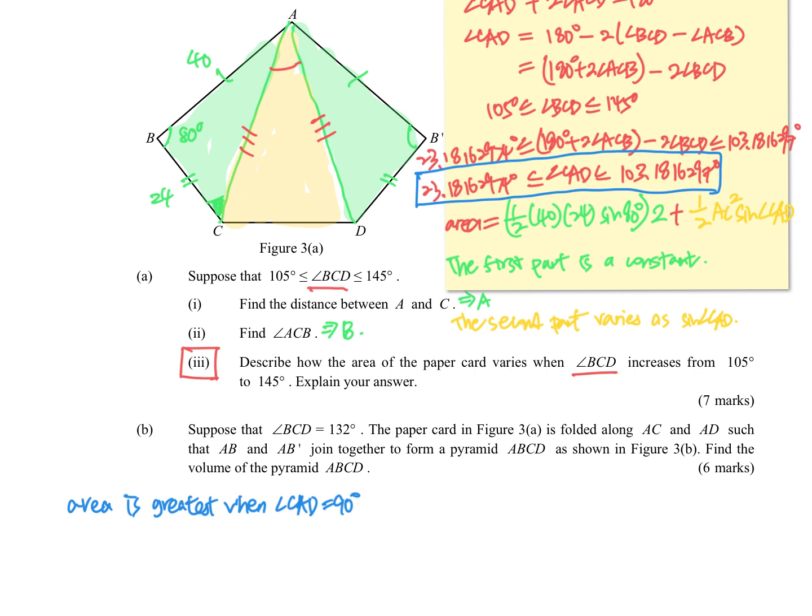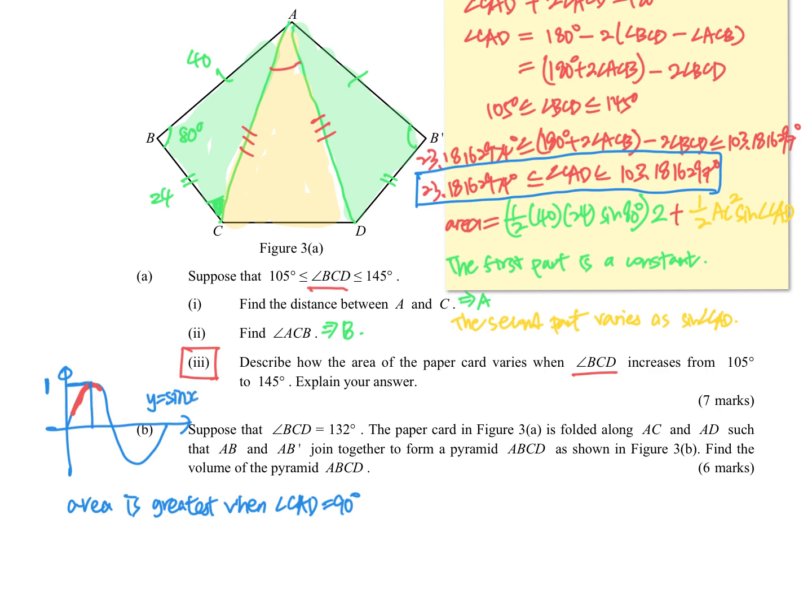Because according to the sine graph, this part has height 1, and from 23 point something degrees, from here to here, we are actually looking at this part. This is y equals sine x.